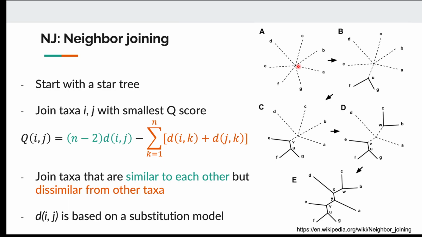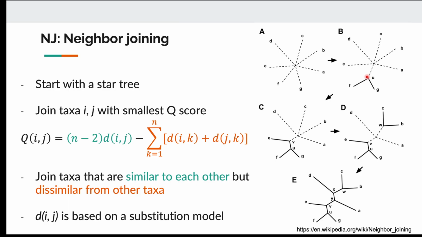So we start with a star graph, and let's say we find that F and G are taxa that are most similar. So we're going to connect F to G and create a new branch here. So the earlier part is still a dashed line because we don't know yet how the common ancestor between F and G will connect to the global common ancestor. But we know that, okay, F and G should diverge last. So we connect them first. And we call this common ancestor U.